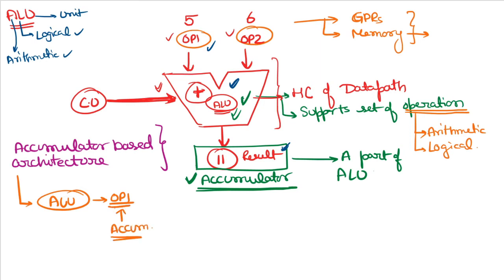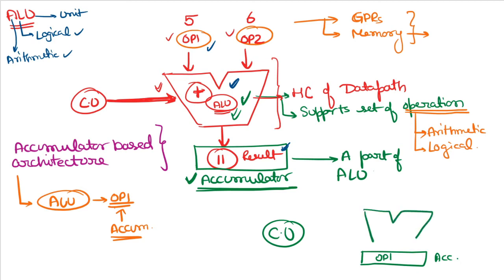What does it mean? Whenever the control unit wants the ALU to perform any operation, it will save operand 1 in the accumulator register. Then it activates the ALU and tells it which operation to perform, like addition here.